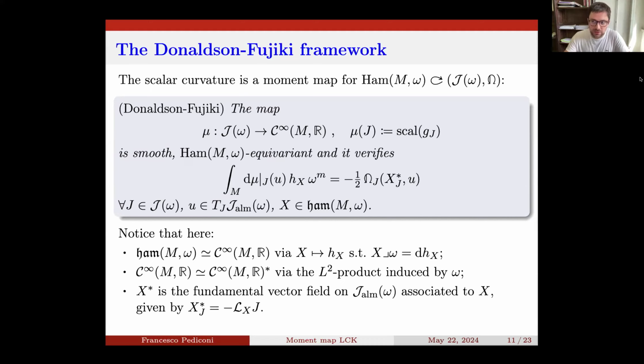If you compute the explicit expression for x star, it turns out that x star at a point J is minus the Lie derivative of J with respect to x. Once you have all these ingredients, the proof of this equation is just to write down all of these equations. You need to take the linearization of the scalar curvature, and then you get the moment map equation.